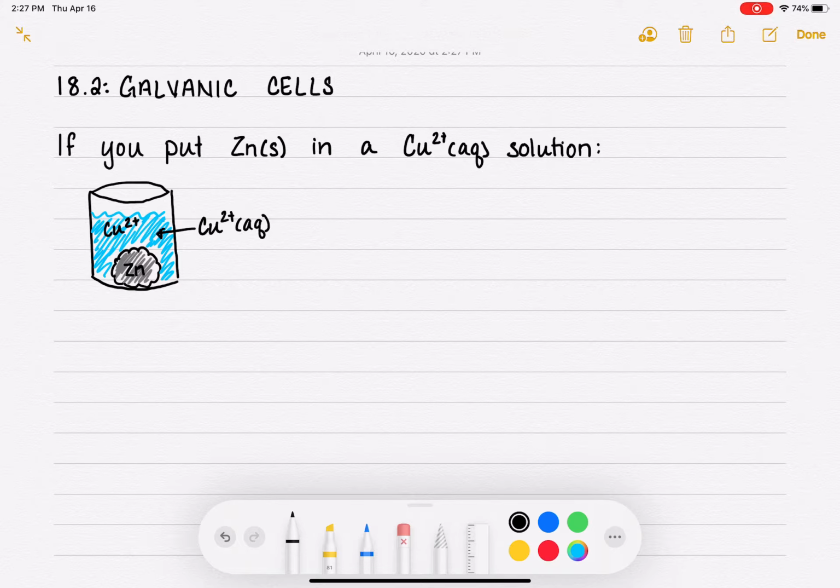And so if you put these two things together, they will react. They do a redox reaction. And the redox reaction that they do is the zinc atoms will transfer electrons up to the copper ions.